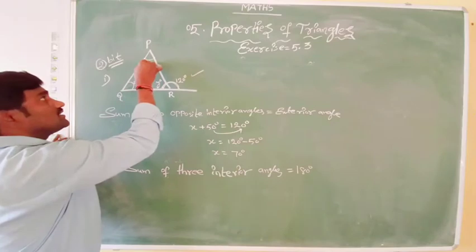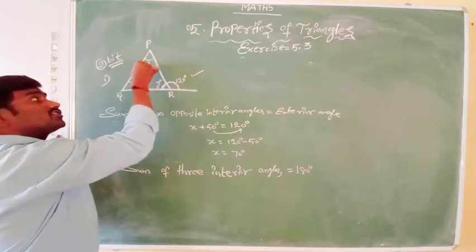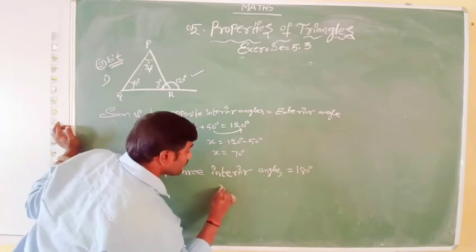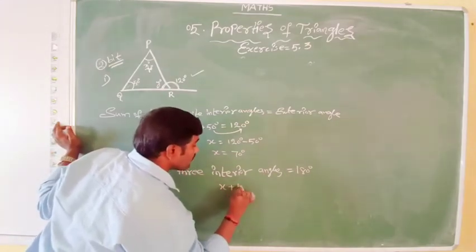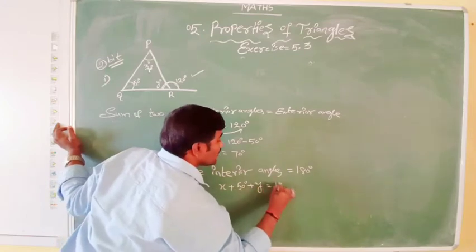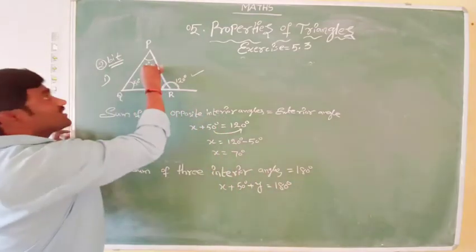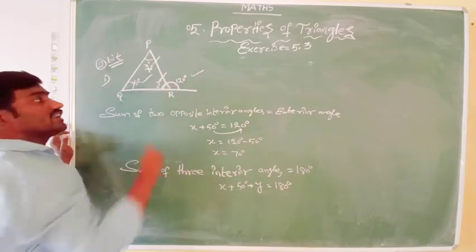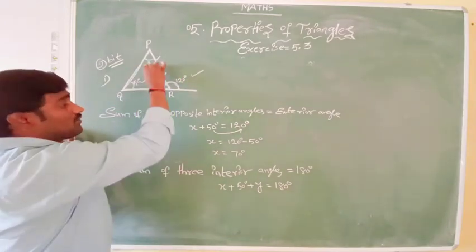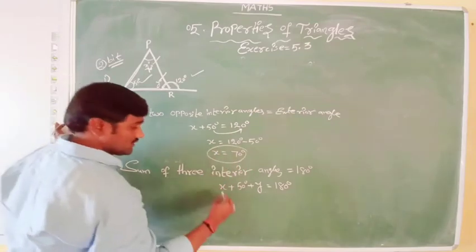What are the three angles here? We know that x plus 50 degrees plus y equals 180 degrees. When you add these three angles, we get 180 degrees because they are in a triangle. So x equals, already we got 70 degrees.